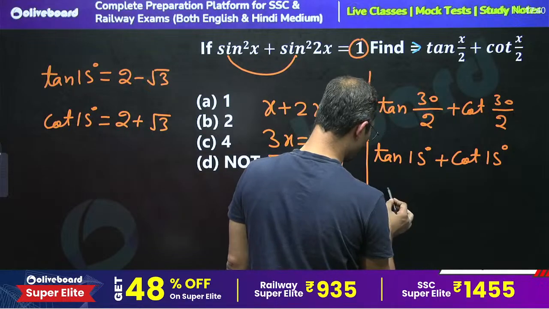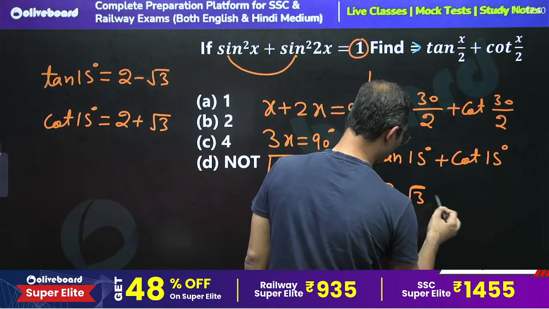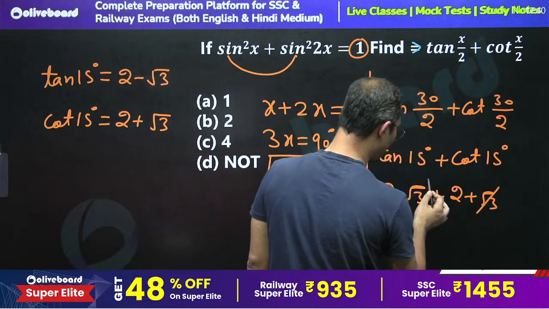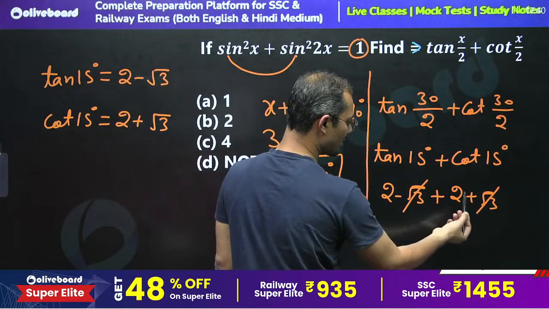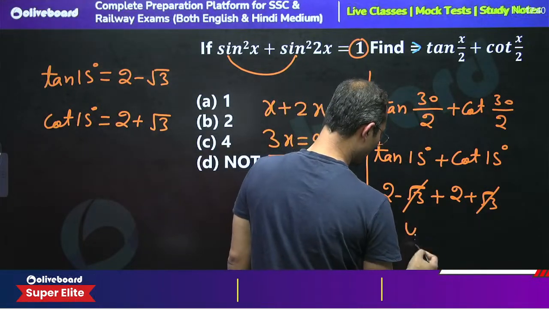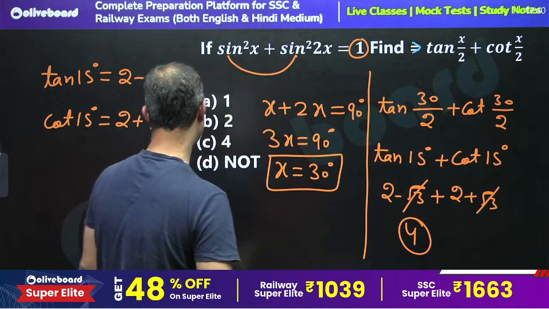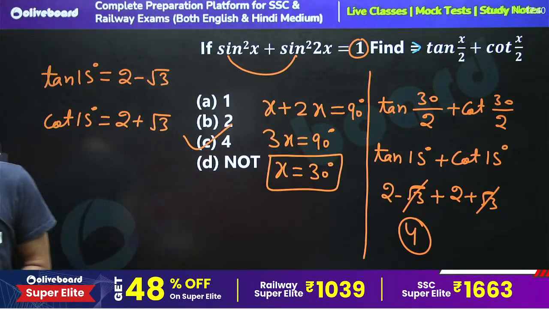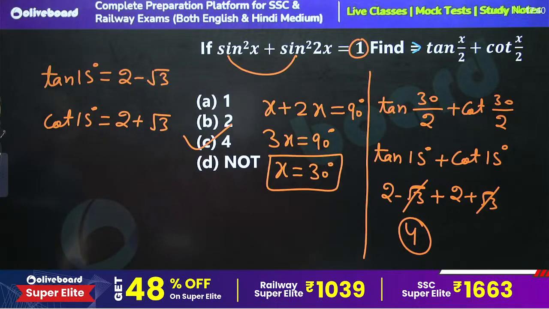Tan 15 degrees is 2 minus root 3, and cot 15 is 2 plus root 3, so root 3 gets cancelled because of the positive and negative values. So here we can say that the fourth option is the right answer.